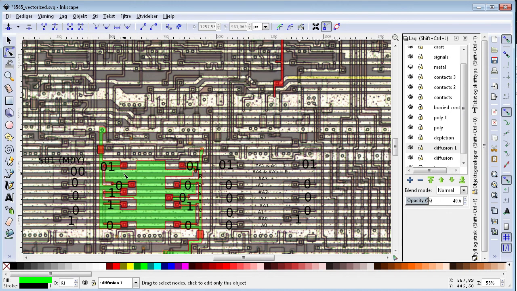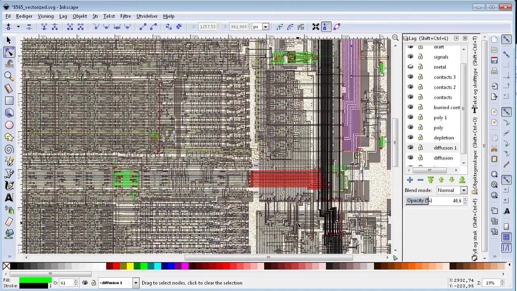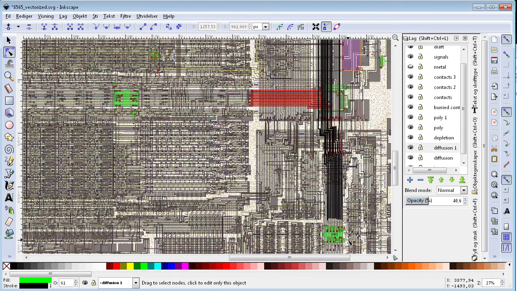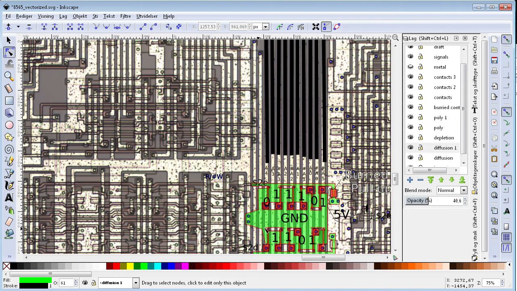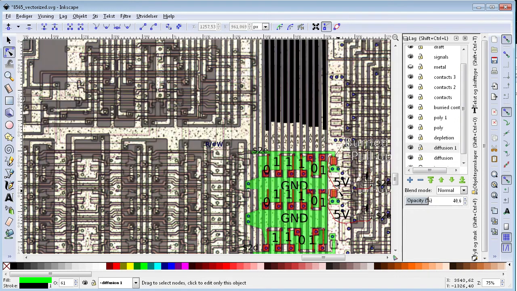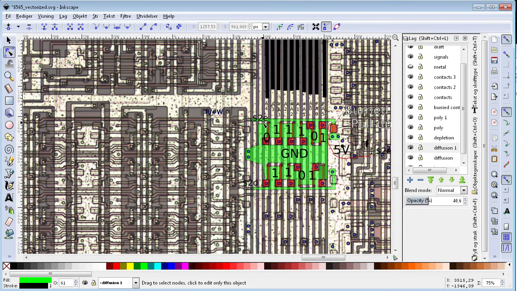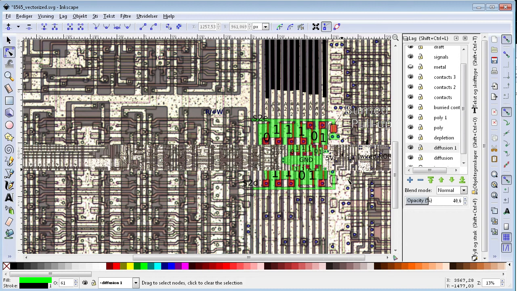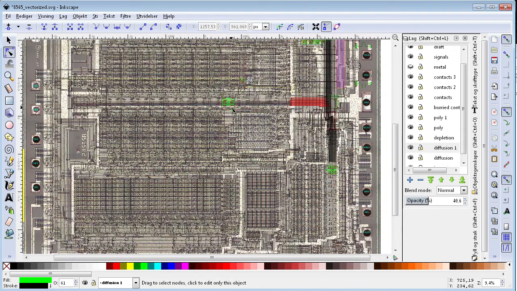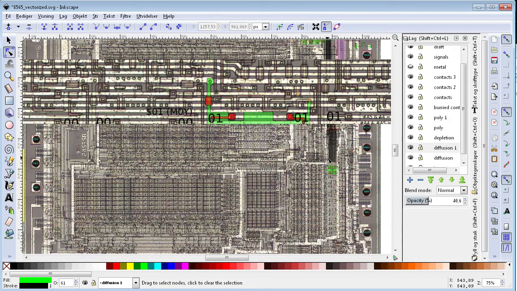It's the same thing that we have over here, down here. You had ground in the middle, and then you had a pull-up, and then none of these gates must be on for this part to be active. So it's the same principle over here for the raster.